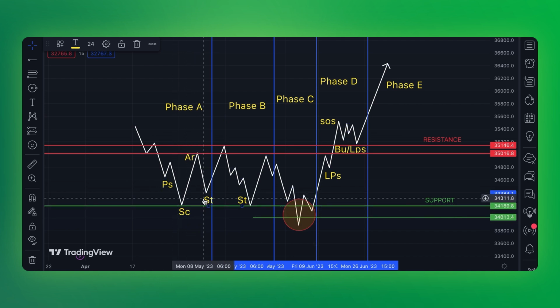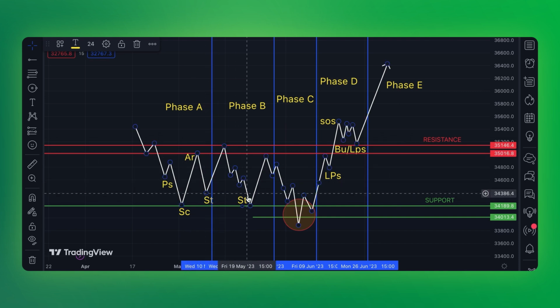And after that, we go to phase B, where the market would go up and down. In phase B, we have another secondary test where price does go back down and tests the same area once again. Now, it's not perfect science. It can stop at the same level the previous secondary test in phase A stopped at. It might be a little below it, and it might be a little above it. So there's no perfect science to that.